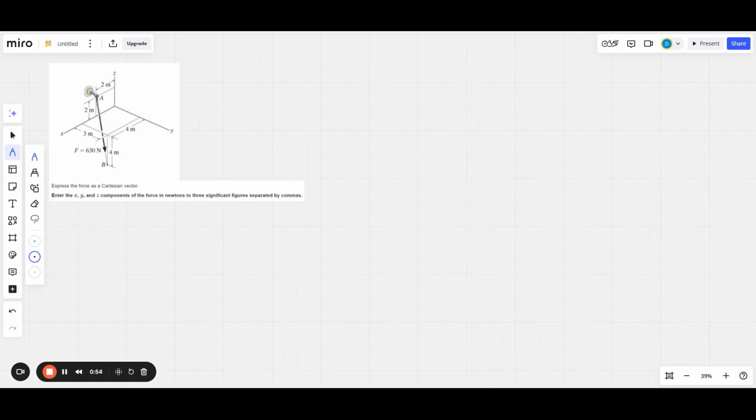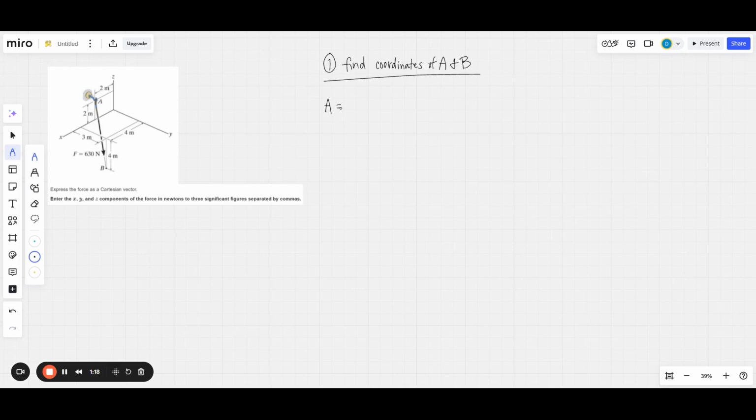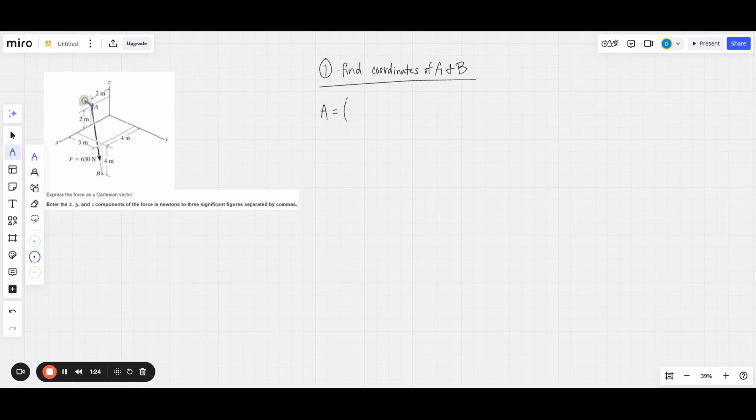So our answer needs to be expressed in that form right there. The first thing that we want to do is find the coordinates of A and B. For point A, you can look at the x-axis and see that it's 2 meters on the x-axis.